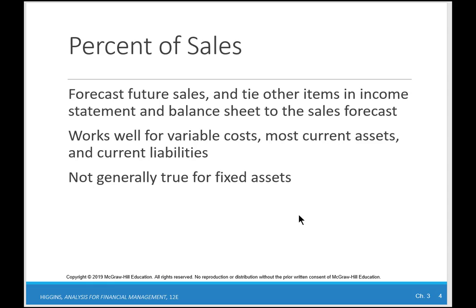There are a couple of current liabilities as well, like accounts payable. However, the remaining line items in the balance sheet do not fluctuate with sales. For instance, fixed assets. Just because you predict higher sales doesn't mean you need to buy more plant and equipment.